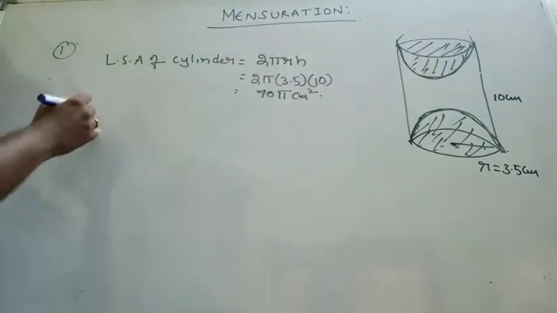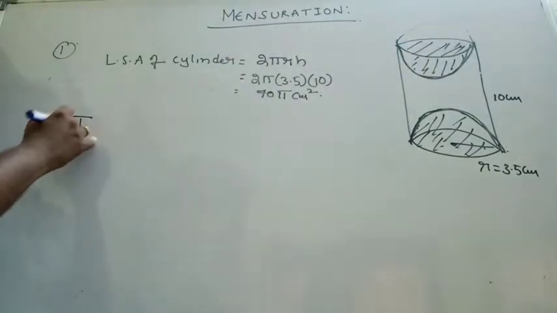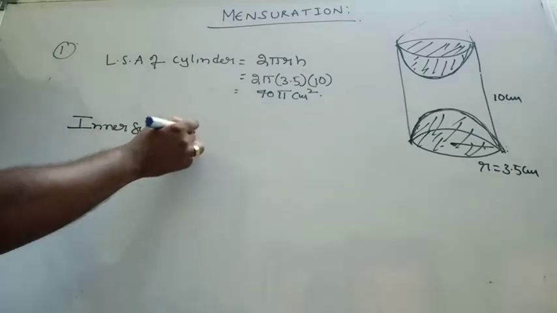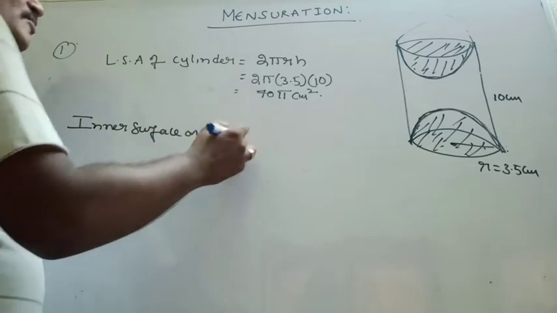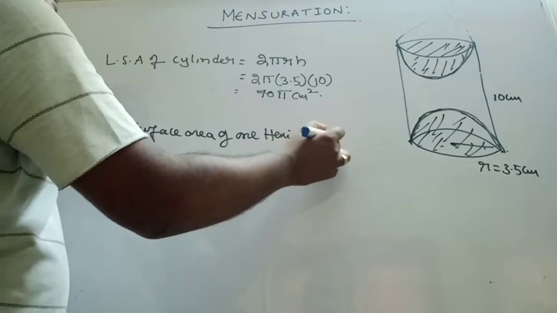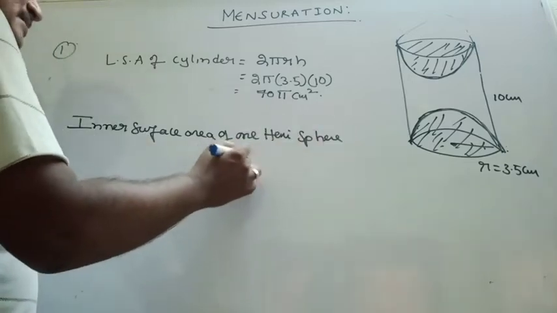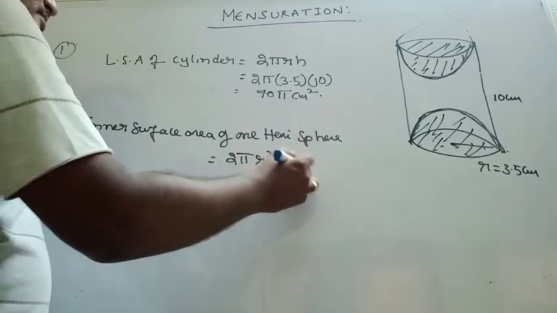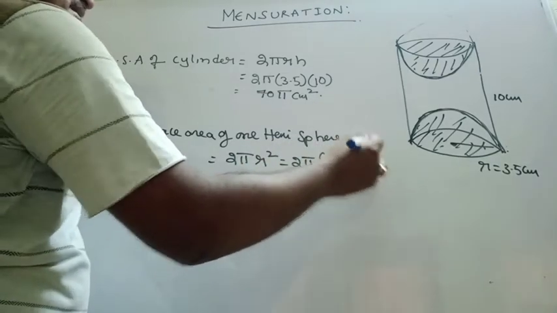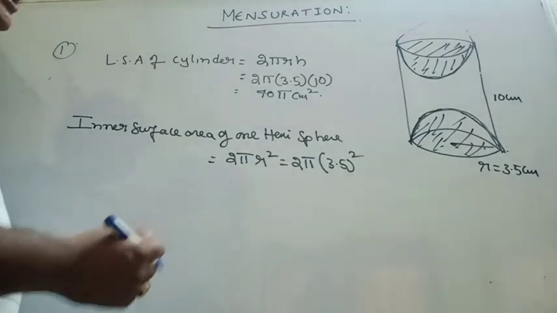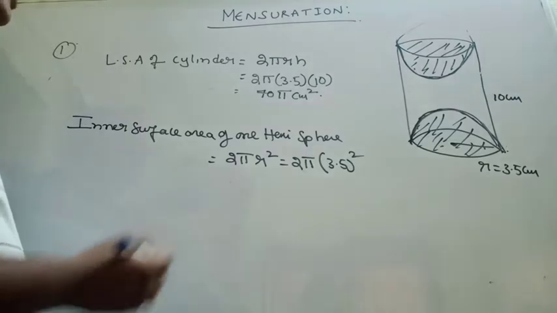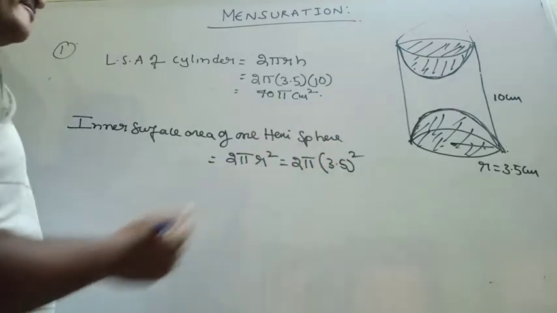Now the inner surface area of one hemisphere is nothing but 2 pi r square, that is 2 pi into 3.5 whole square.